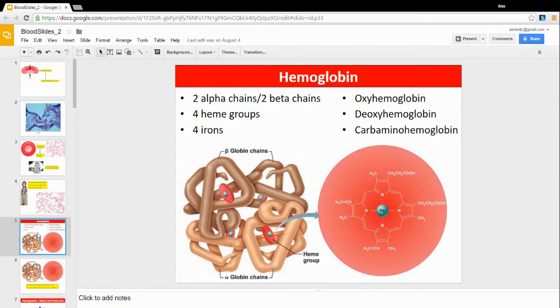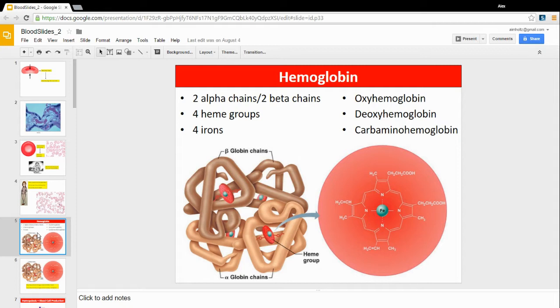Now, what we're looking at in the bottom left there is a single hemoglobin protein. It's made up of these 4 different chains of amino acids. There are 2 that are alpha, the lighter colored ones, and 2 that are beta, the darker colored ones. And so they provide much of the structure of the protein. And within these 4 amino acid chains, there are a total of 4 little chemicals called heme groups. And you can see the 4 red discs in the hemoglobin protein.